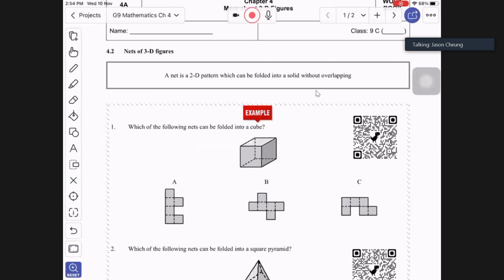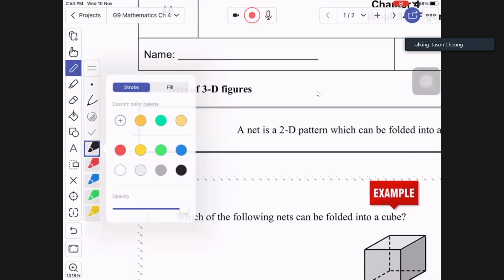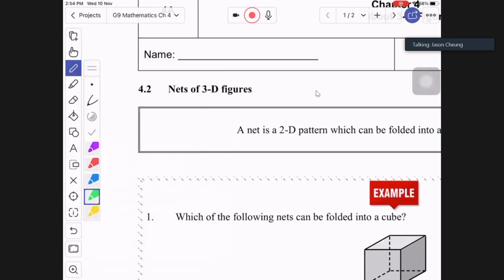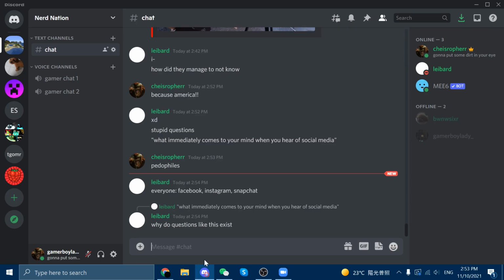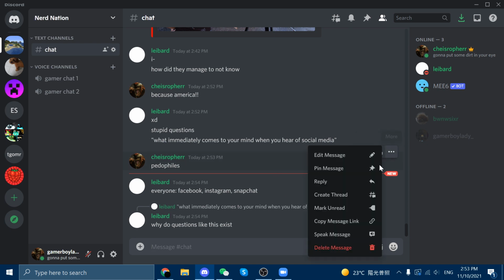All right. So if you still remember the word net, the word net here actually means the nets of 3D figures.